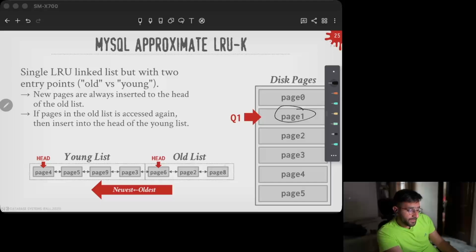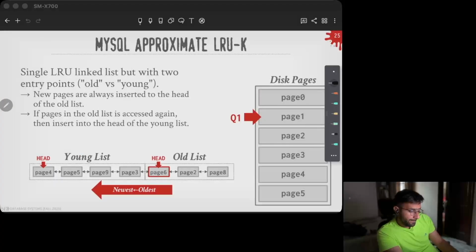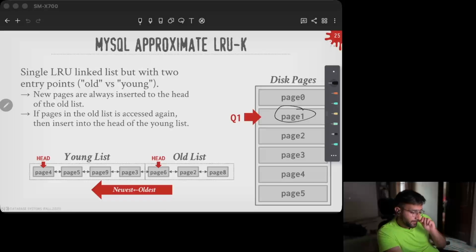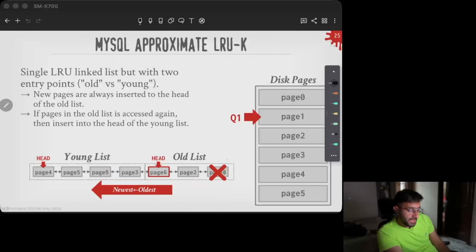So what you do is you go to the old list, you scrap it, and you insert this page one at the head of the old list. So now it will be page one and page six.